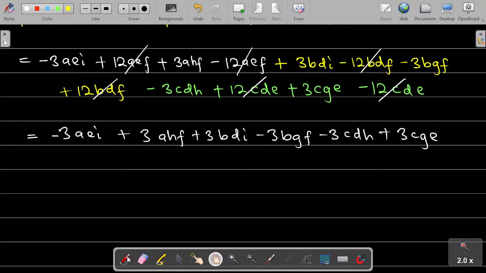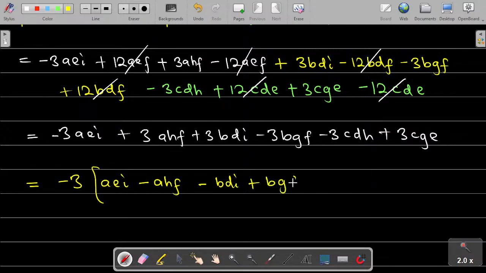Let me see if I can bring down that guy here. But before doing that, let me first of all factorize. Let's bring out minus 3 here. If we bring out minus 3, see what is going to be left here. AEI minus AHF plus, minus again, here will be minus BDI. Then this one will be plus BGF. This one will be minus, plus, because you're bringing out minus.